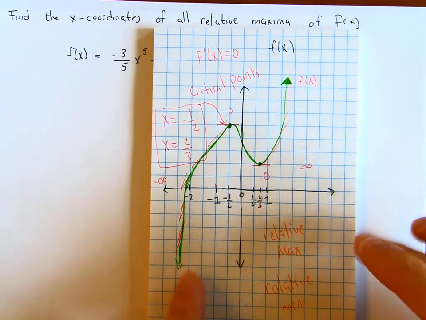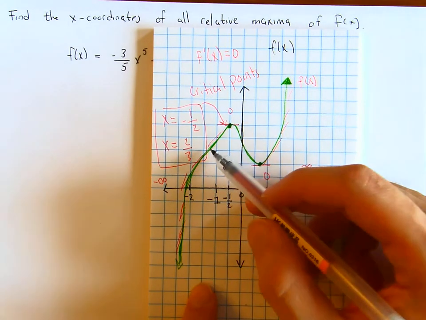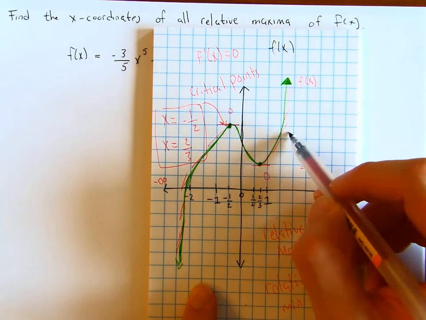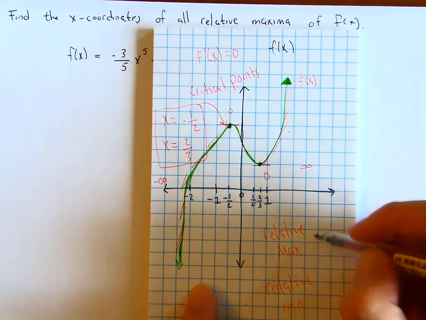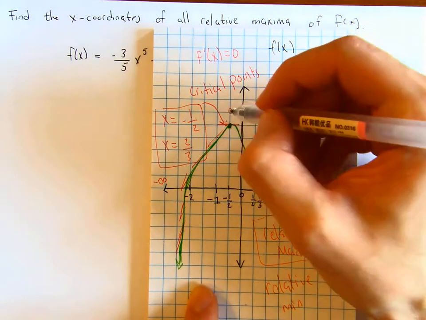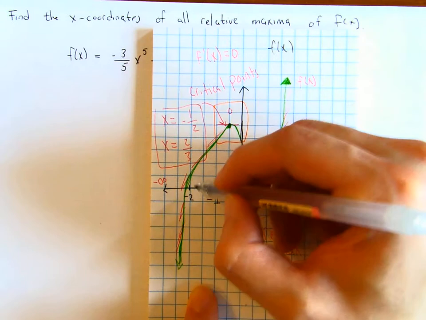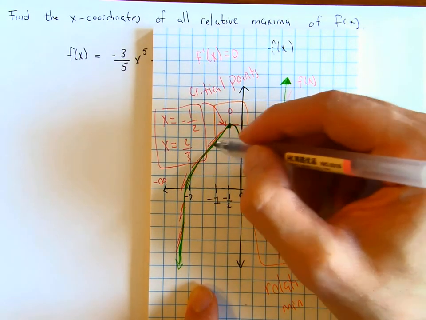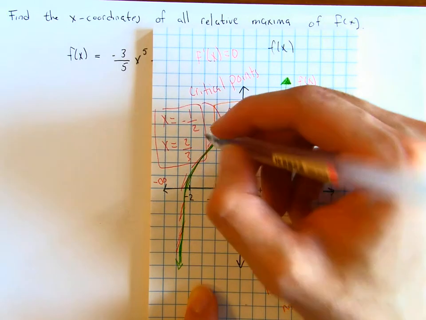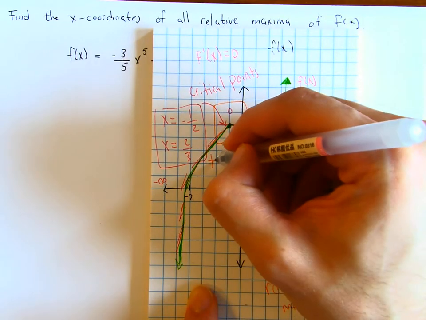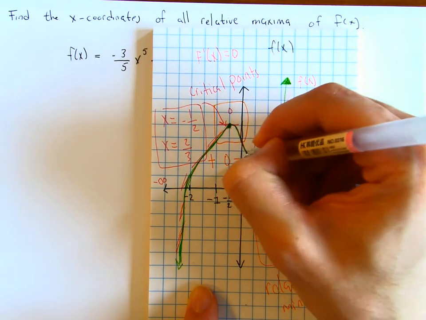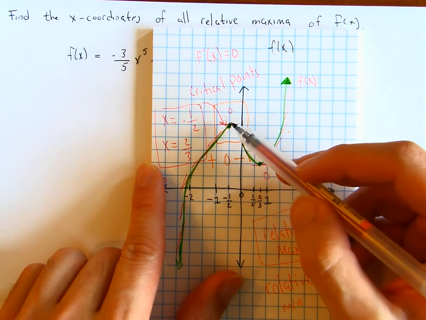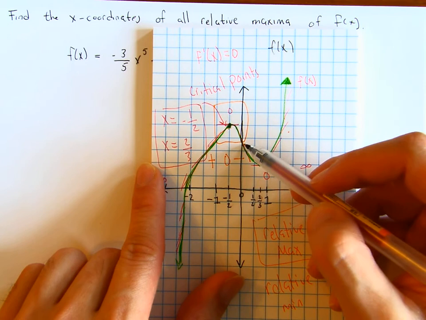If you look at this graph, once you know when the graph is increasing, decreasing and increasing, notice a relative max is happening here, because the cusp is like this. And how do we get a relative max? You have to go from positive, 0, negative. The tangent lines are positive, then it becomes 0, and then it becomes negative.